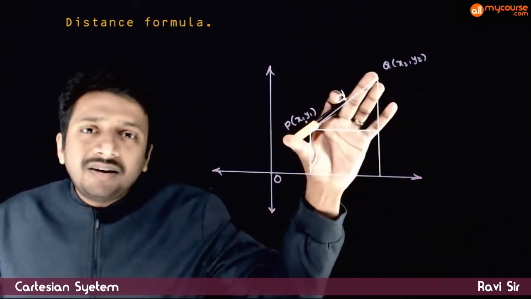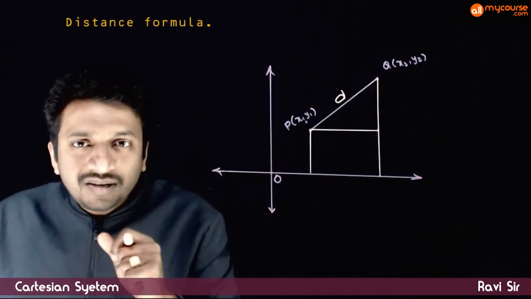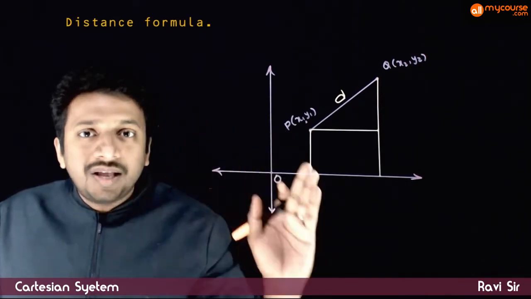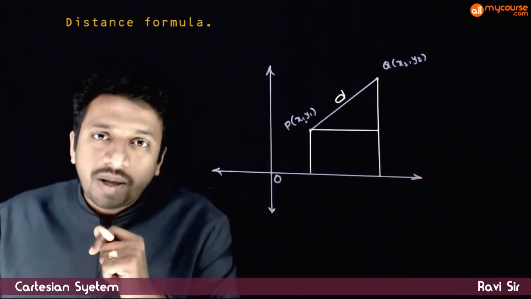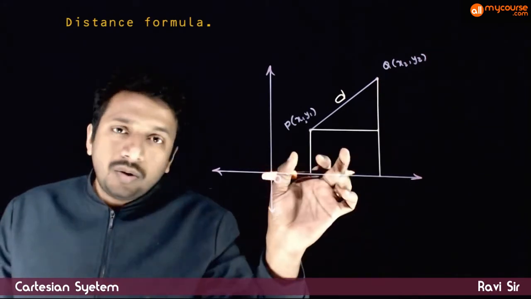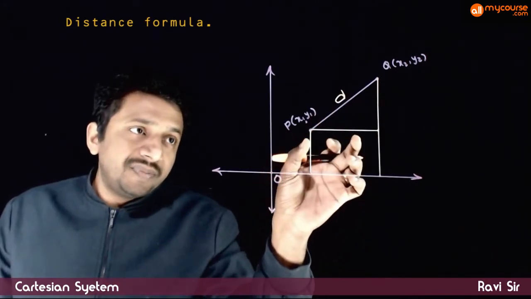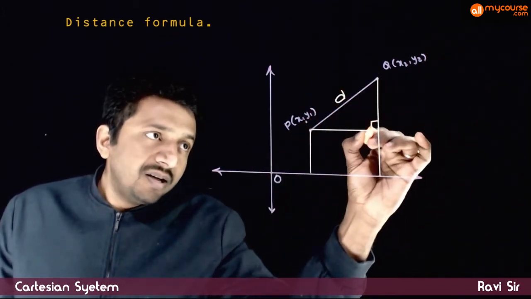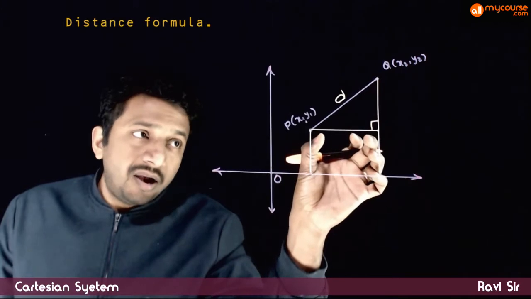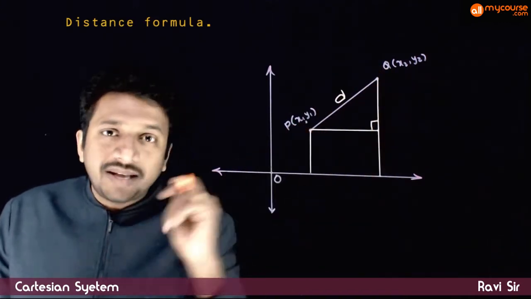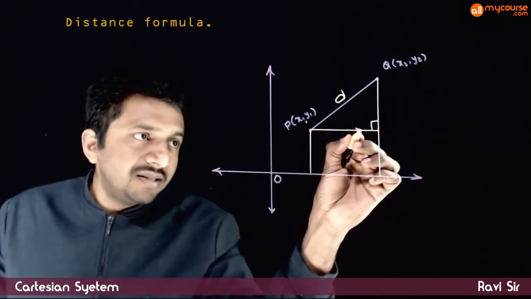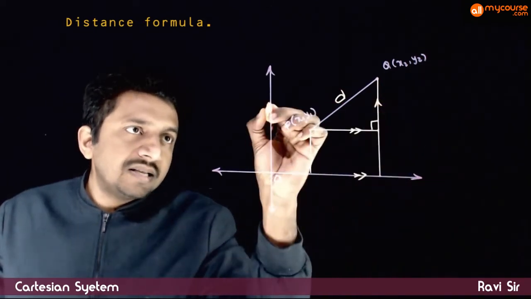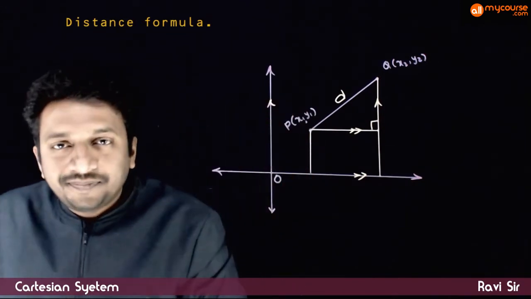You can form infinite right angle triangles about this hypotenuse, but I'll draw a right angle triangle whose sides are oriented around the x and y axis. That is, this is parallel to x axis, this is parallel to y axis.